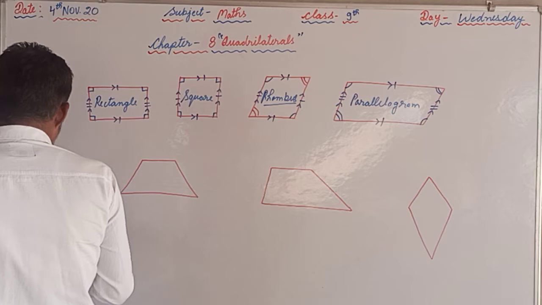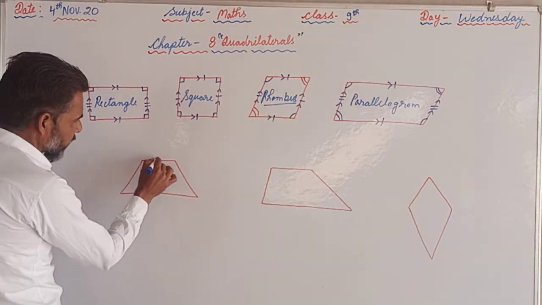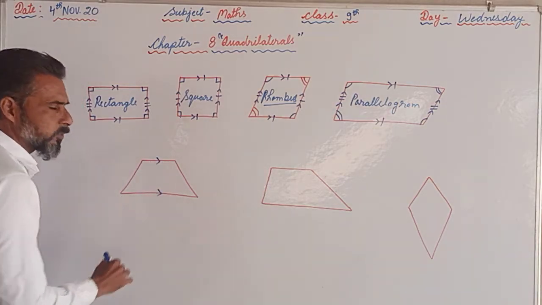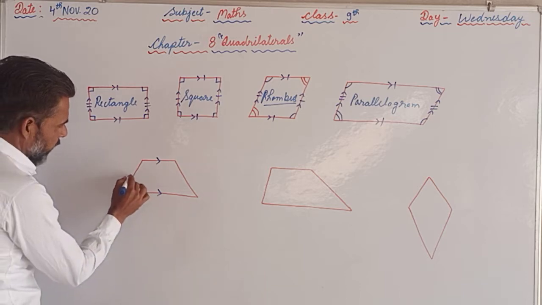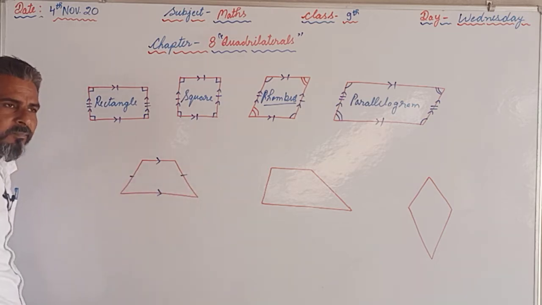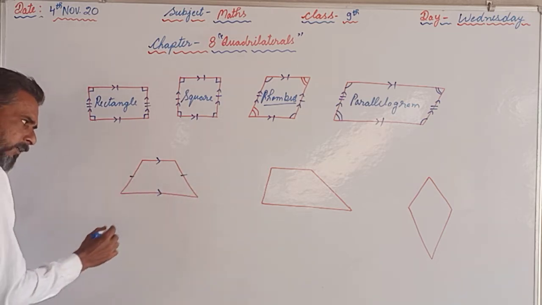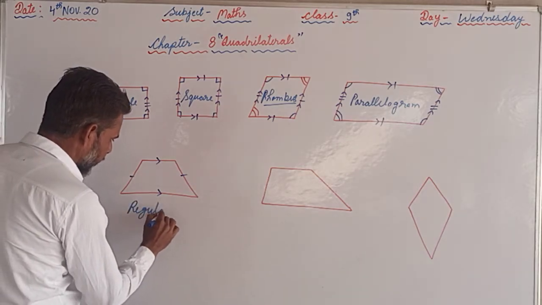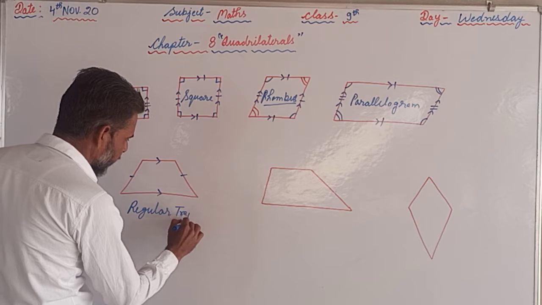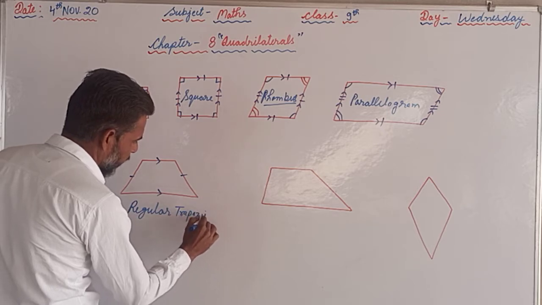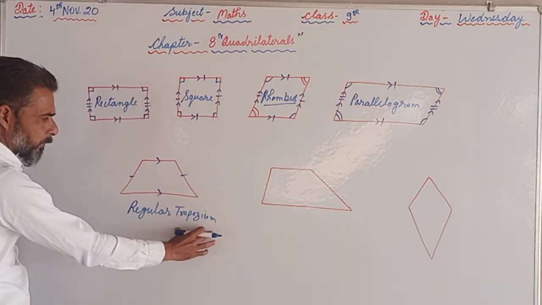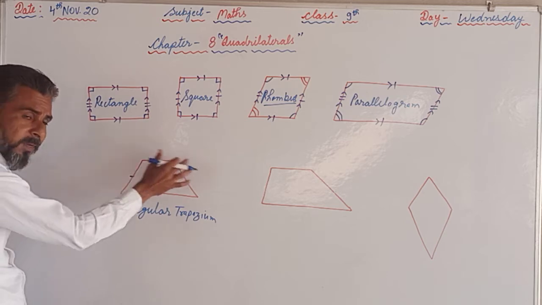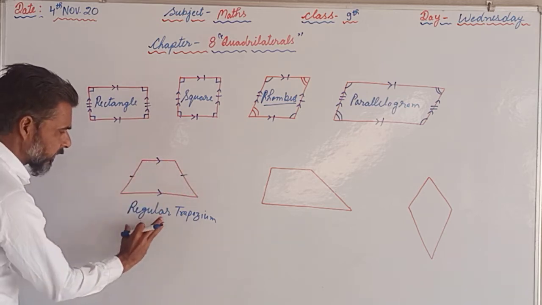Now in this, if these two sides are parallel and these two remaining sides are equal, then we can say that is regular trapezium. The name is trapezium, and if these two non-parallel sides are equal, then we can say that is regular.